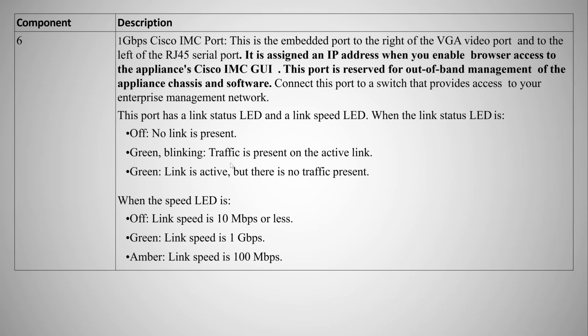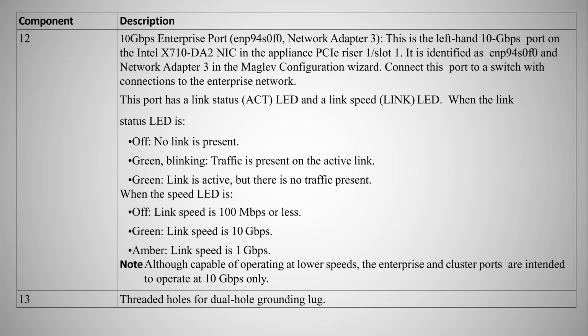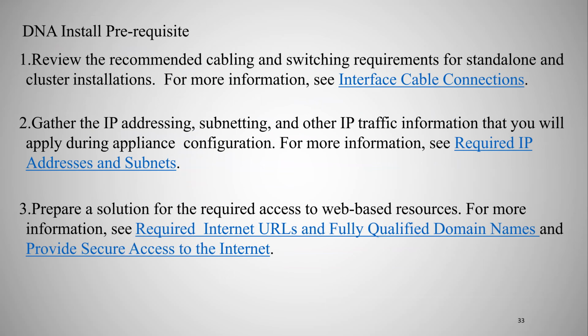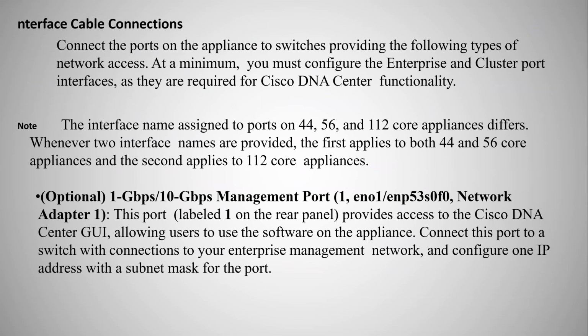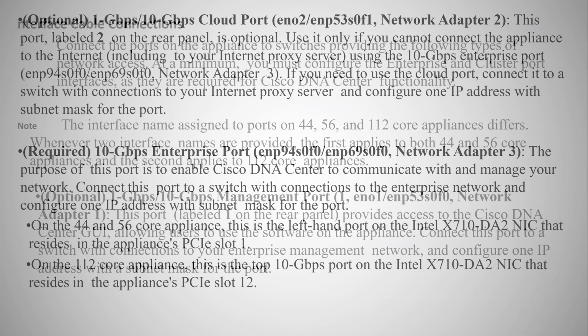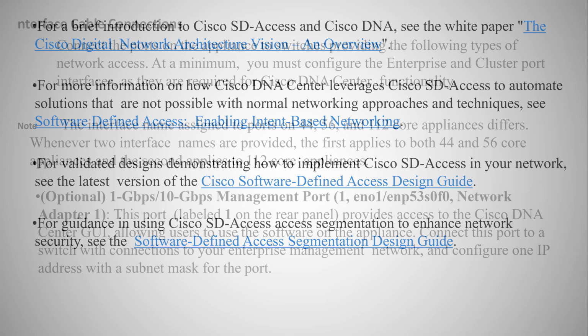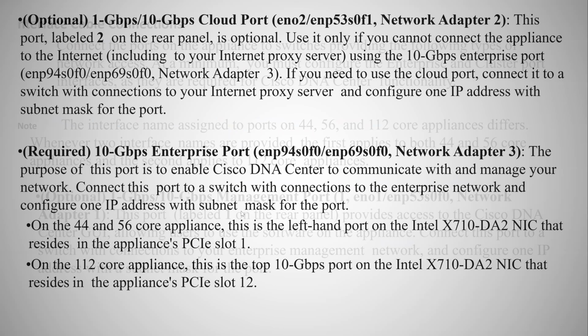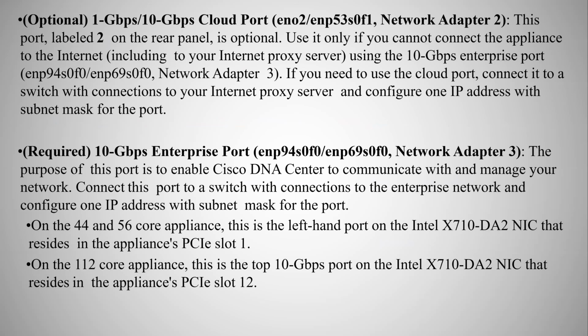Okay, so like that we have the interfaces and ports, and I have created one summary as well. Let me quickly show you that diagram, and then I will come back and we'll discuss the planning and all those things. Here you can see I have added the details about these ports, like management port, cloud port, enterprise port.